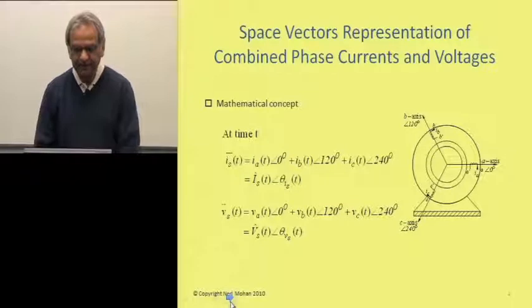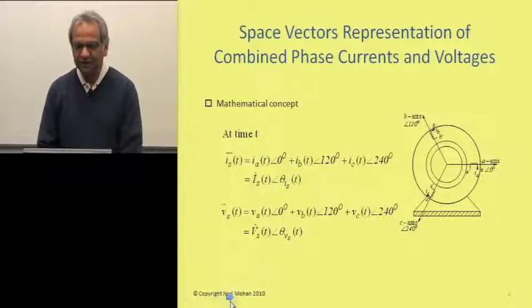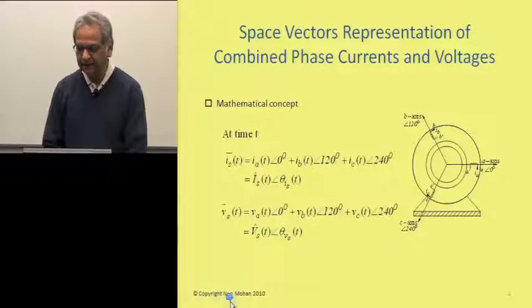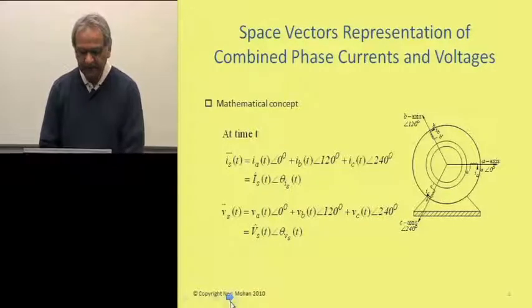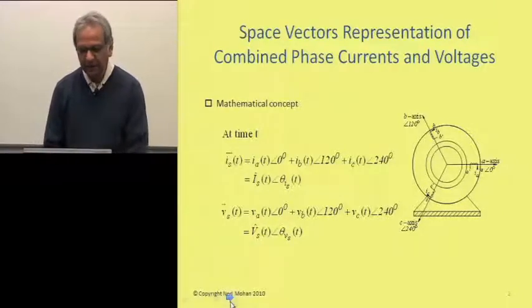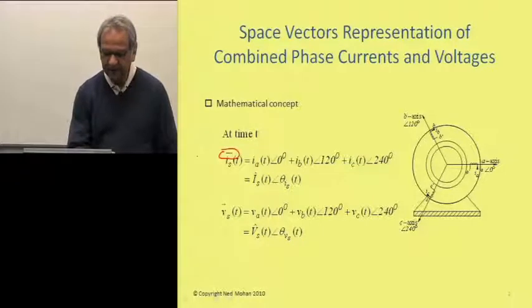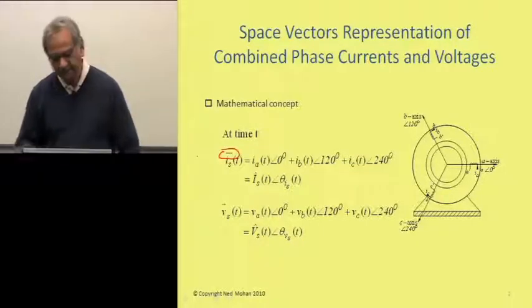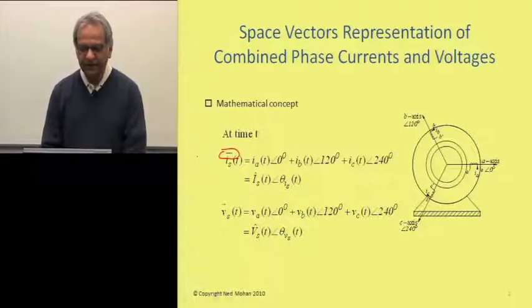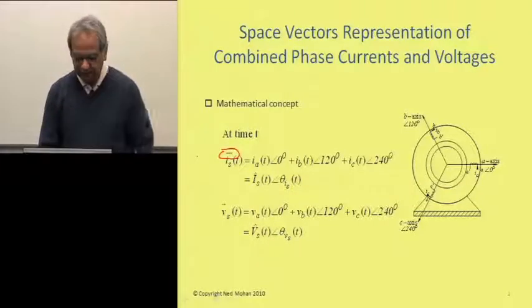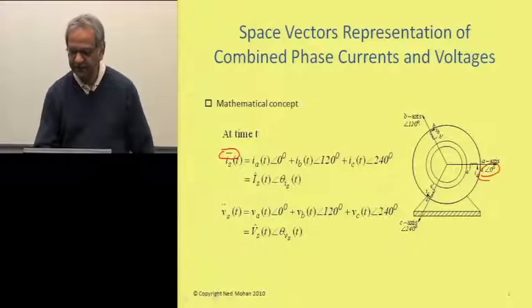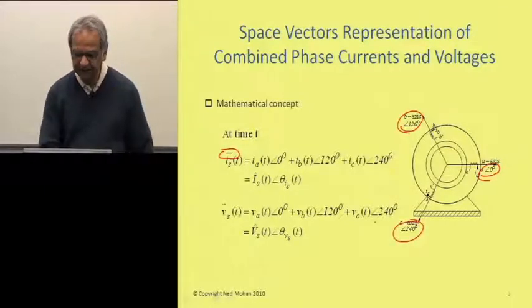So let's start with this current space vector in the stator winding. And here, we have three individual windings with currents IA, IB, and IC. But we can create this stator current space vector, represented with this arrow on the top here, at any given instant of time by taking instantaneous phase currents and multiplying them with their axis orientations, like 0 degrees, 120, and 240, and then summing them up.